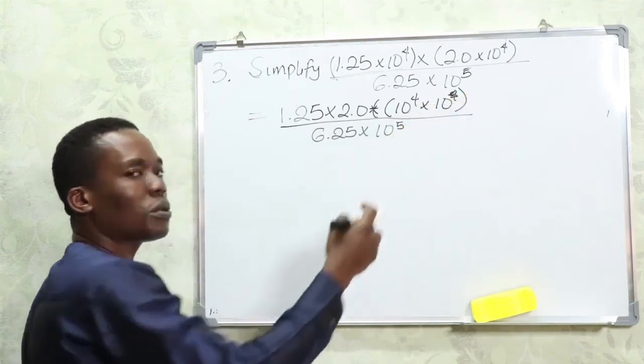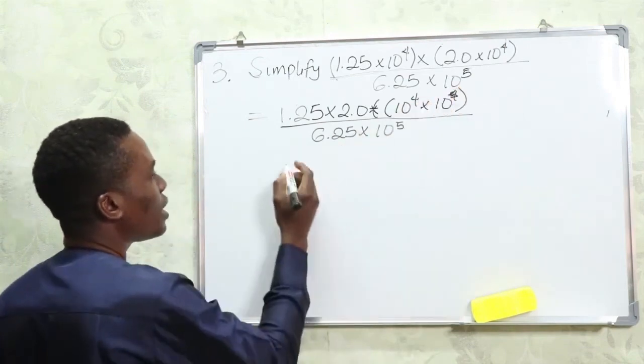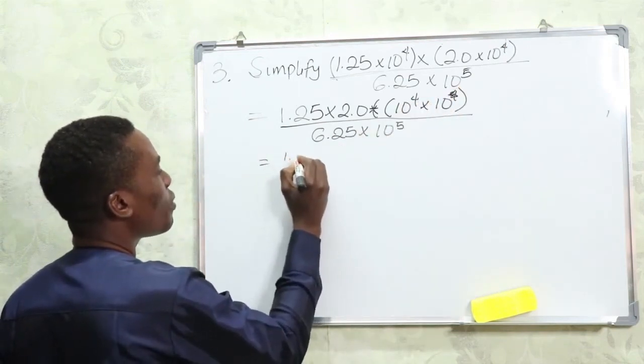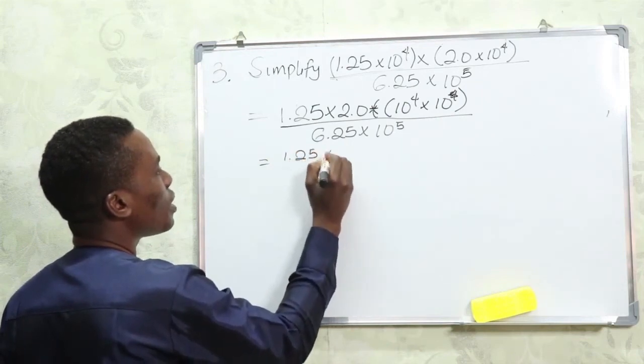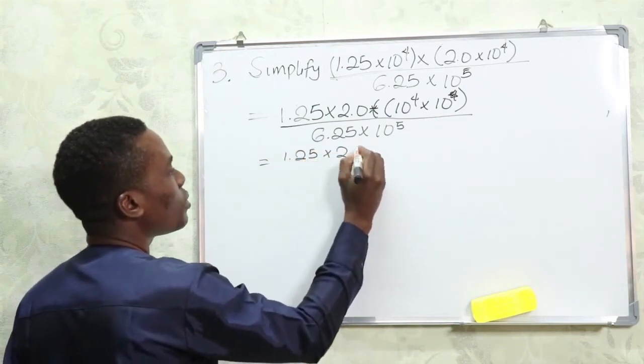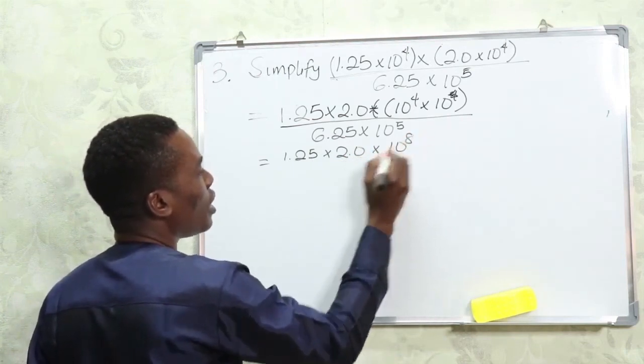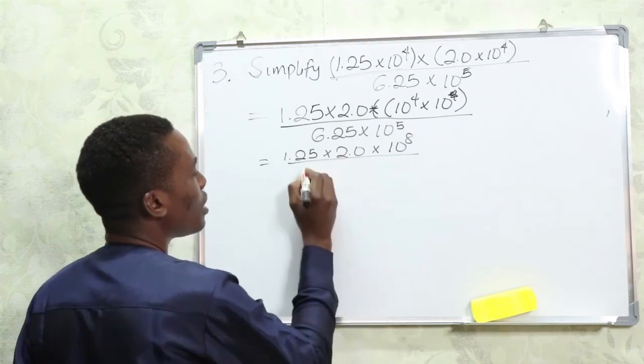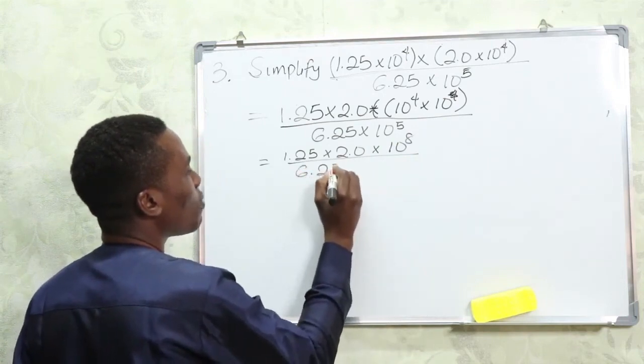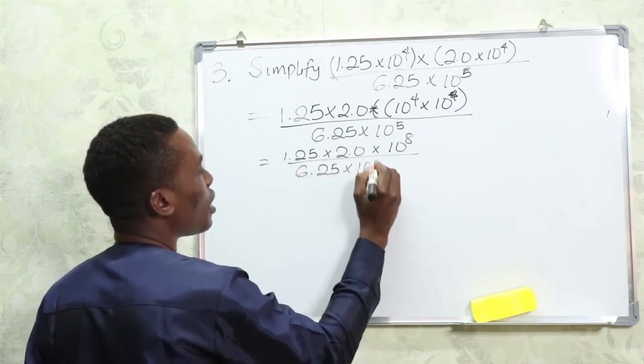Using our product rule of indices, we can simplify this, and that will give us 1.25 times 2.0 multiplied by 10 raised to power 8, divided by 6.25 times 10 raised to power 5.